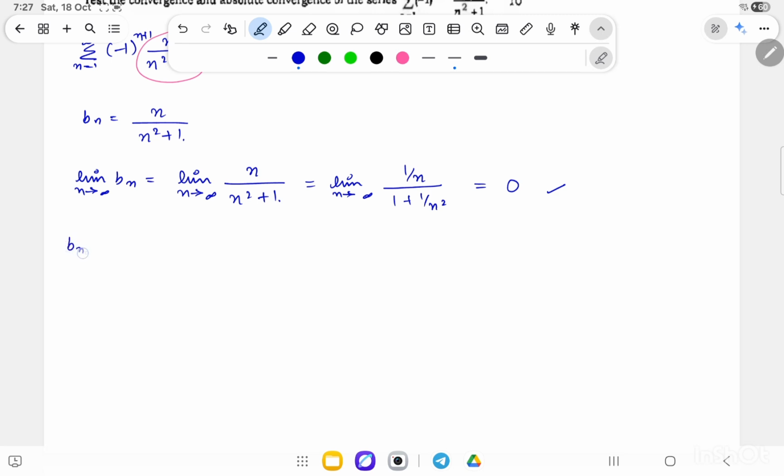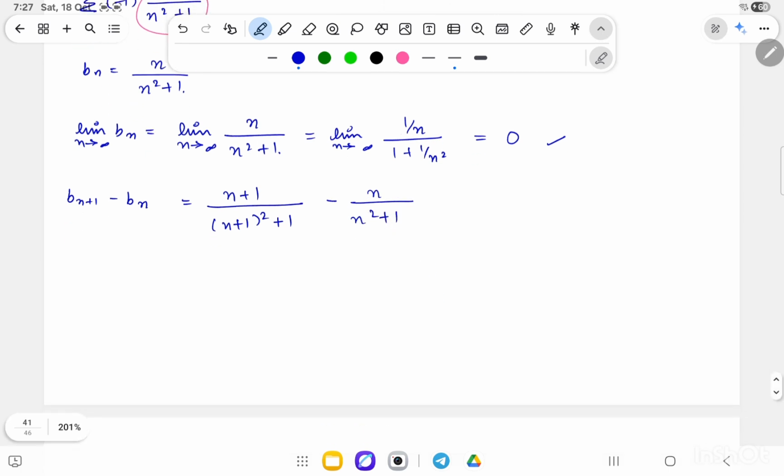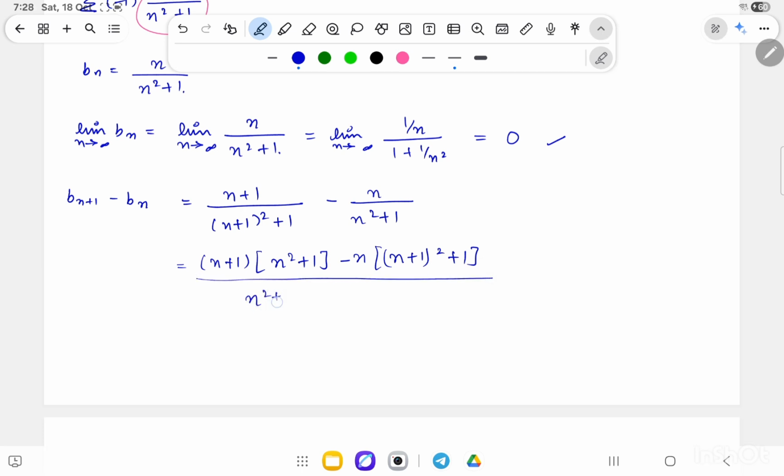So if we calculate bn plus 1 minus bn, that will be n plus 1 divided by n plus 1 square plus 1 minus n divided by n square plus 1. So it will be equal to n plus 1 times n square plus 1 minus n times n plus 1 square plus 1, divided by n square plus 1 into n plus 1 square plus 1.